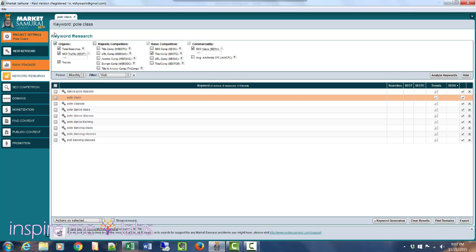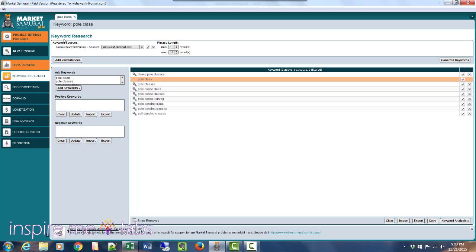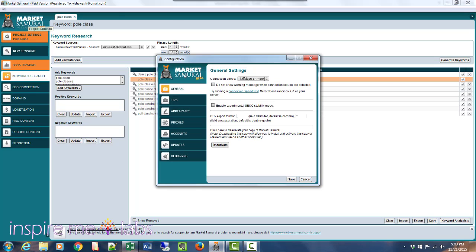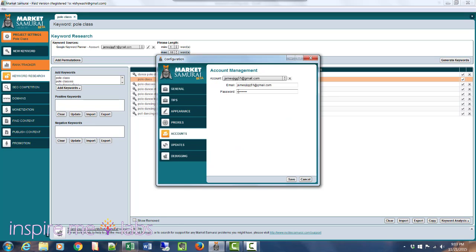Okay, one more thing I forgot to talk about was you need to go into settings and come to your accounts and set up your account here. And this is your Gmail or your AdWords account, which is of course free. And you need to make sure that this email account has the AdWords activated.